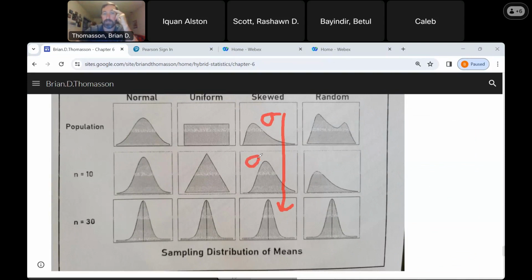Here we have the standard deviation of sigma over the square root of 10, because we took 10 samples there. And then here we have the standard deviation over the square root of 30, because here we have 30 samples. It changes as we change our sample size. So we have to manually change that.